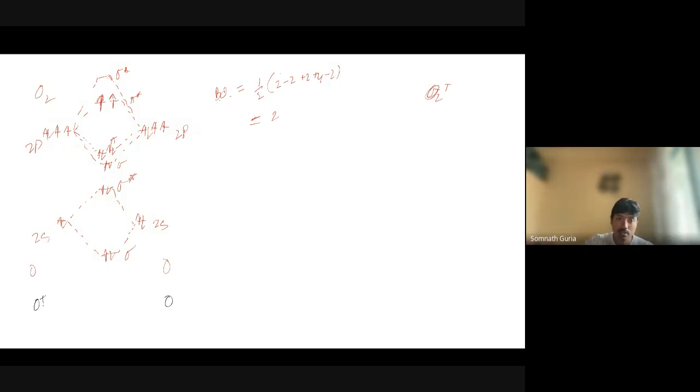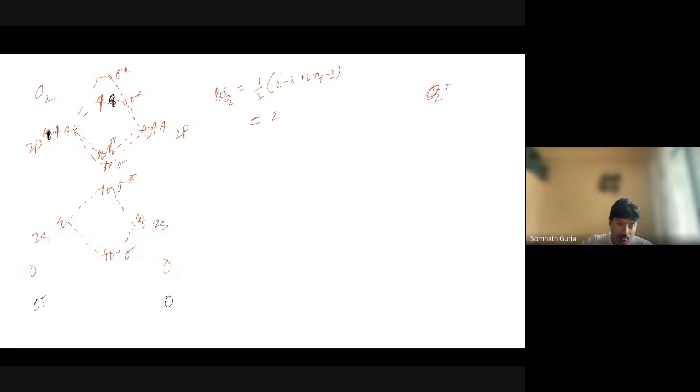Now coming to O2 plus, here is the O. Okay, O will be the same. Here 1 electron will be missing. So this electron will be the missing electron. Then it will give you the bond order. This is the bond order of O2.